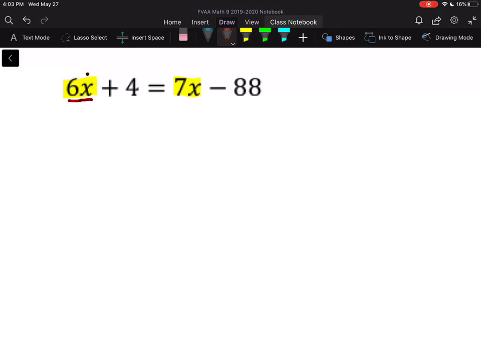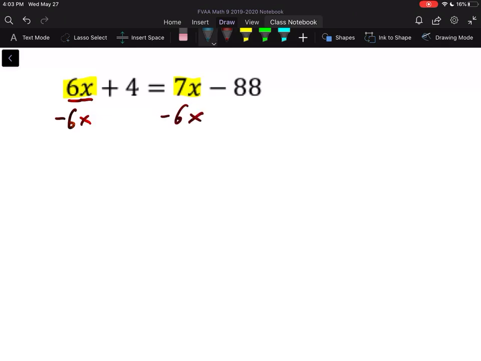I'm trying to bring 6x all together over to the right side of my equation. So for me to do that, I'm going to subtract, because this is positive 6x, so I'm going to subtract 6x on both sides.